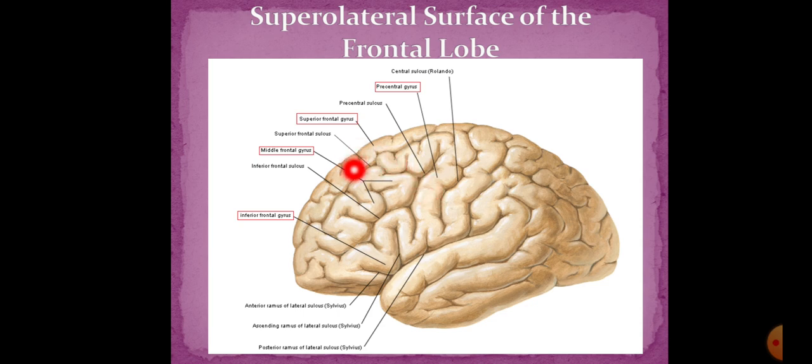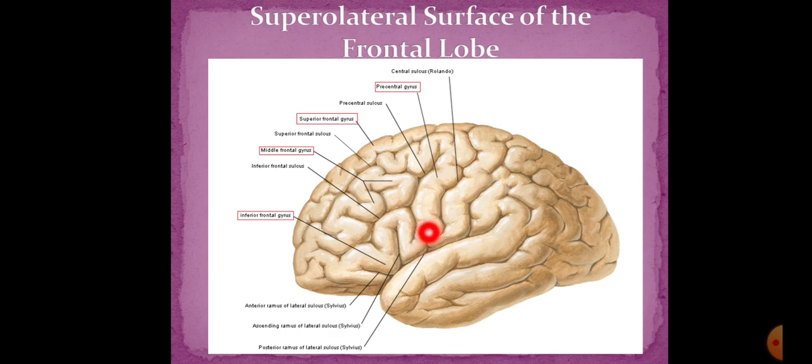Here are three gyri arranged from superior to inferior known as superior frontal gyrus, middle frontal gyrus, and inferior frontal gyrus. There are 4 gyri in the superior surface of the frontal lobe.